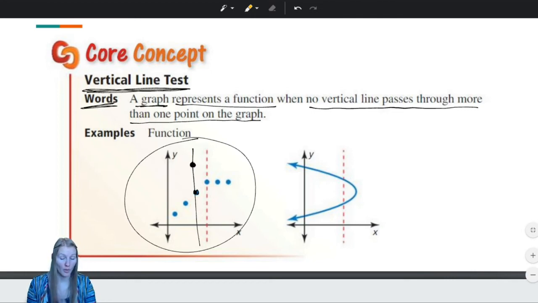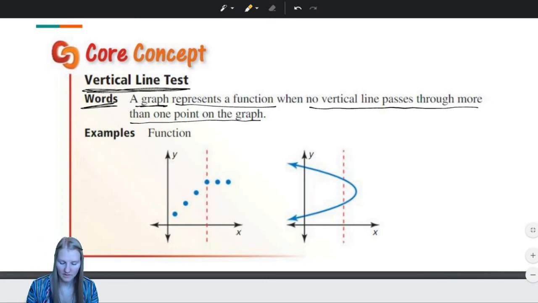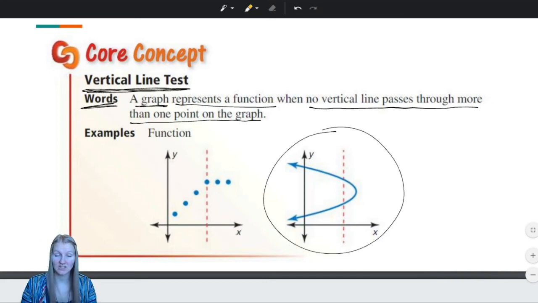I'm not hitting 2 points. I'm only hitting 1 point. But if we look at the second graph, if I draw a vertical line, I'm hitting 2 points. Now you might argue, well, what if I hit it right here? Then I'm only hitting 1 point.